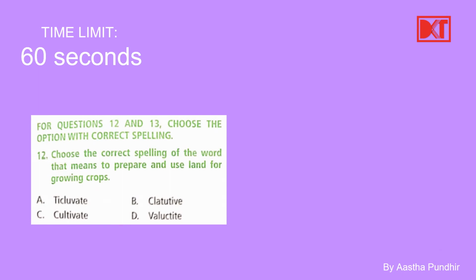Alright, so here, next category of questions, we have to choose the option with the correct spelling. Let's see. Choose the correct spelling of the word that means to prepare and use land for growing crops. Now this is tricky. What we have to do? First, we have to identify the word that means to prepare and use land for growing crops, and then choose the correct spelling.